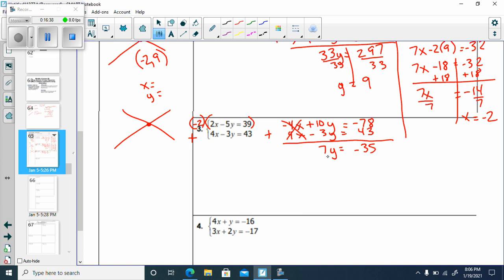Okay, now let's divide both sides by what? By 7. And y is equal to -5. All right? Now we've got our y.